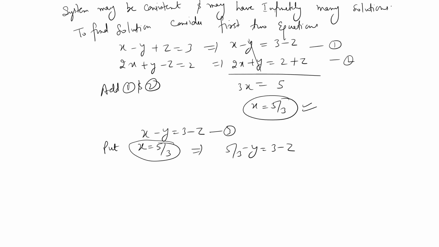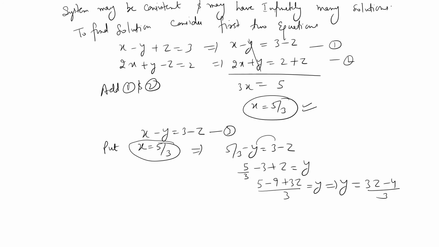Because we are taking z as constant, I am taking y to this side. Minus 3 plus z is equal to your y. So it is 5 minus 9 and plus 3z upon 3 equal to y. So this implies y is equal to 3z minus 4 upon 3. Okay.